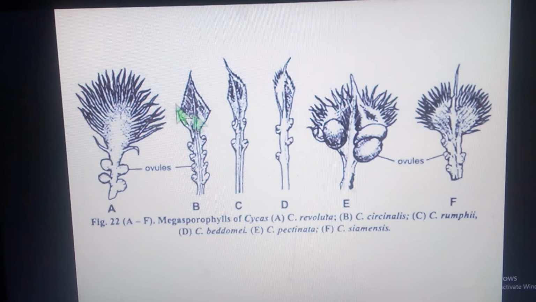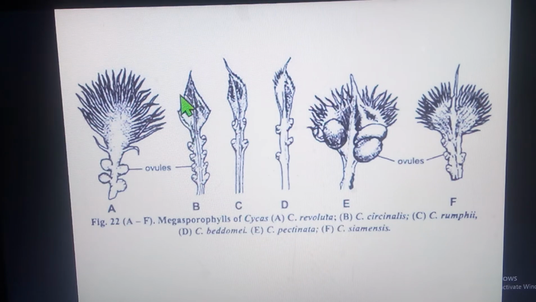Now here we can see that in some Cycas plant species they are very much dissected, forming many lobes or pinnae, whereas in the case of this figure B and C, in case of Cycas circinalis, we can see that the pinnae are absent.